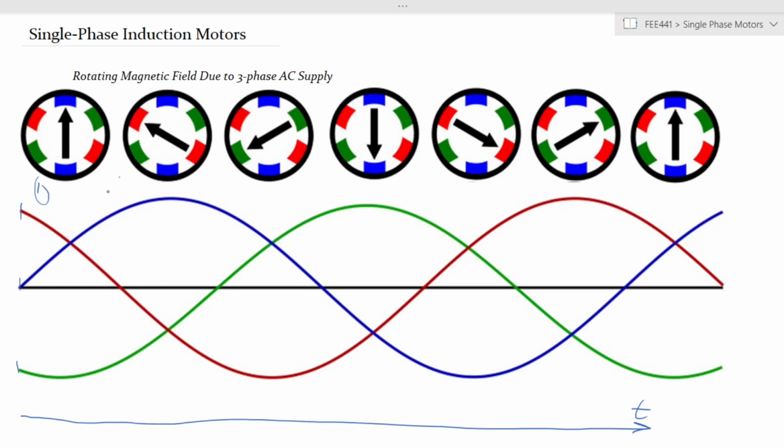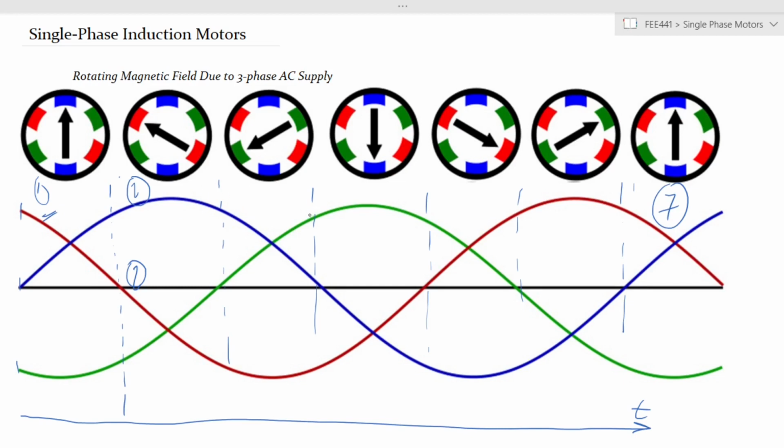At instant number 2, the resultant magnetic field is in the direction shown, and so on and so forth. We have instant 3, instant 4, instant 5, instant 6, until you return to instant 7, which is equivalent to instant number 1.